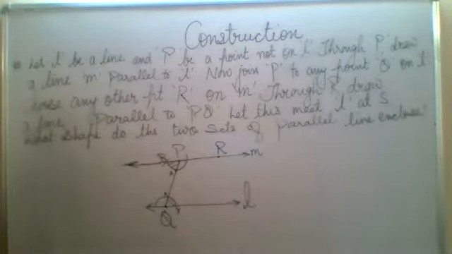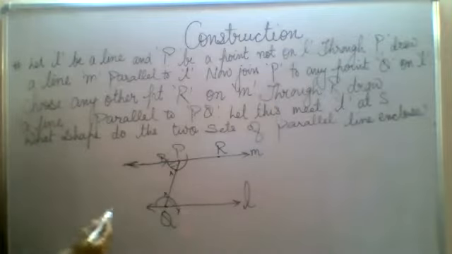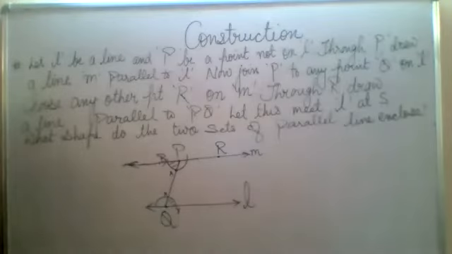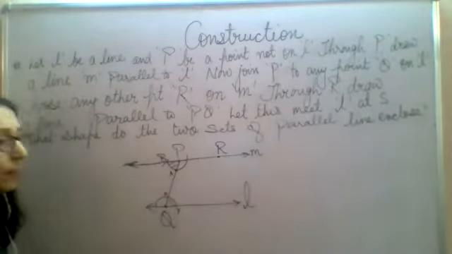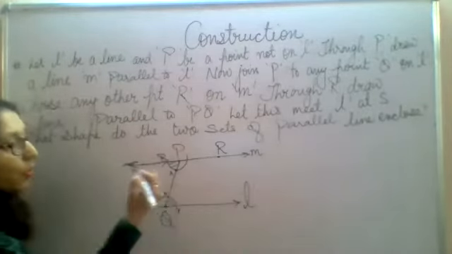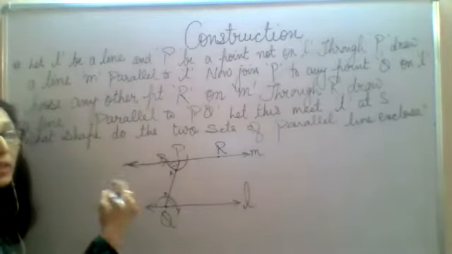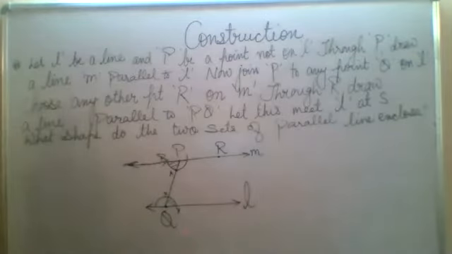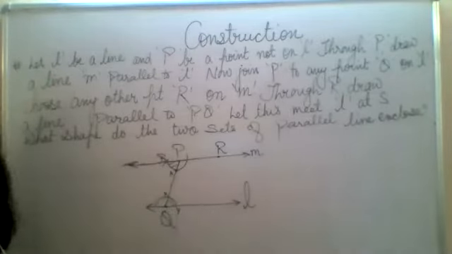Now through R, draw a line parallel to PQ. Now if you have to make this parallel, you know what you will make? Equal corresponding angles. If you have to draw lines parallel, either make alternate angles equal, or co-interior angles supplementary, or here corresponding angles equal.